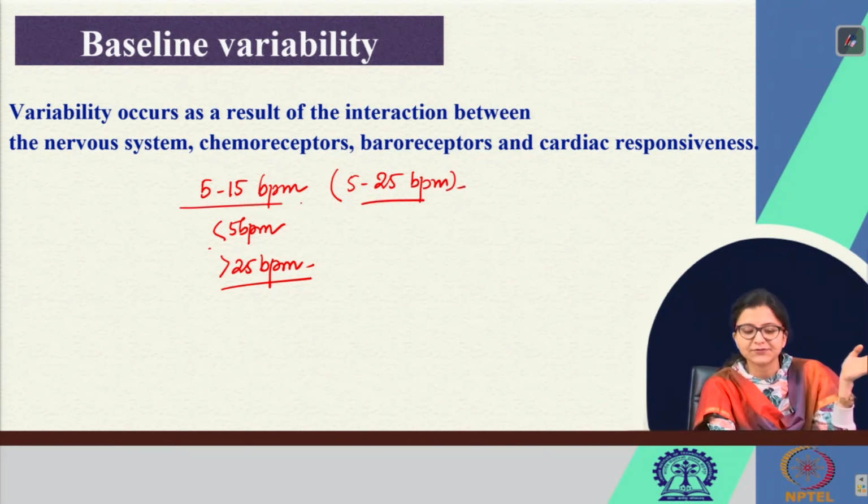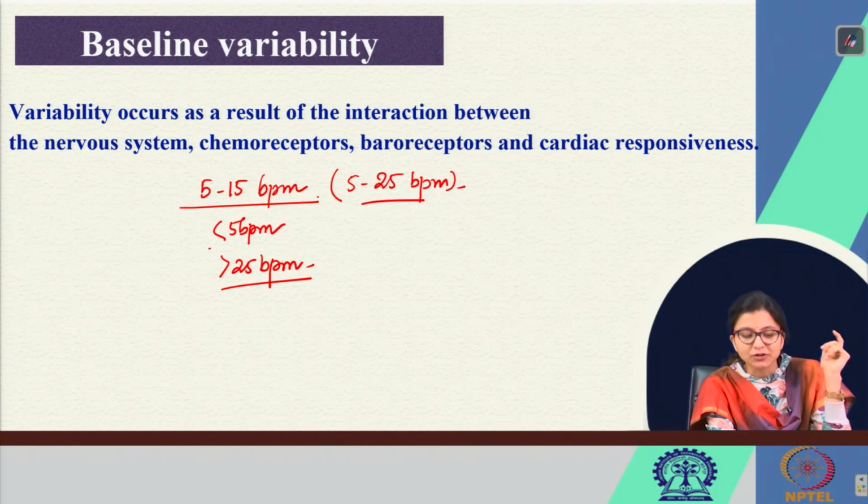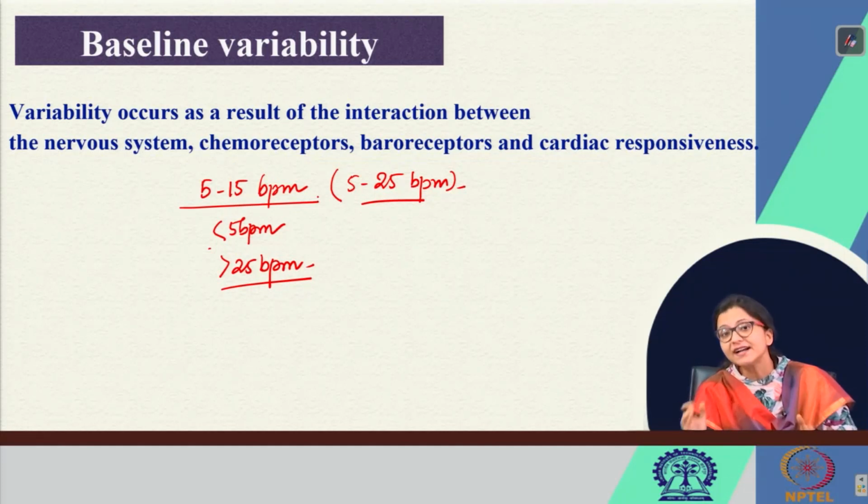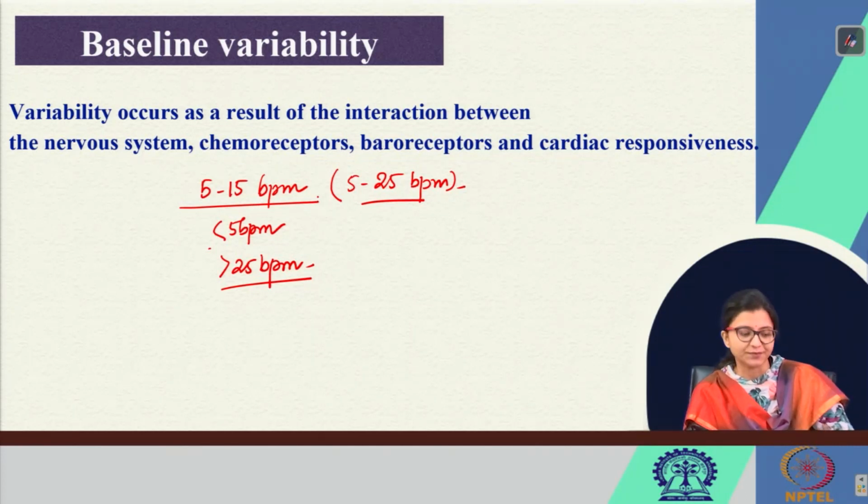In some books it is 5 to 15. But note why there is variability: it is a result of the interaction between the nervous system, the sympathetic, the parasympathetic, the chemoreceptors, the baroreceptors and the cardiac receptors. All these need to be responsive, and when fetal variability is present, that means the fetus is in good condition.